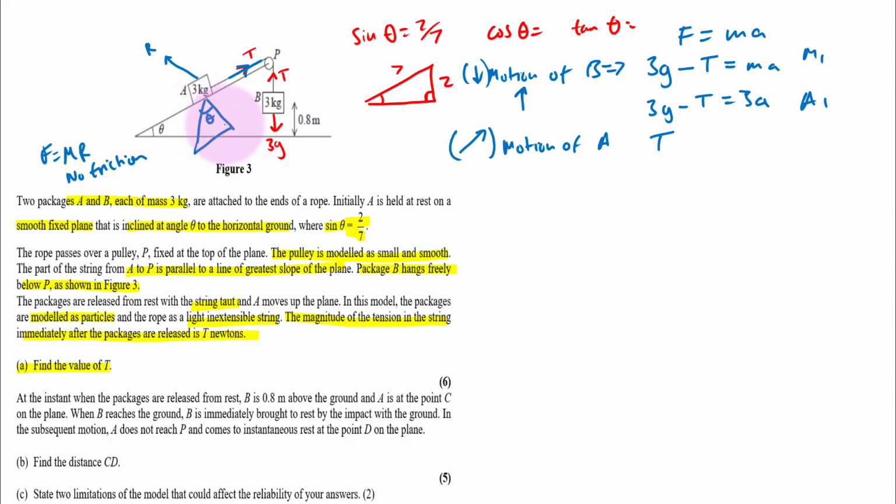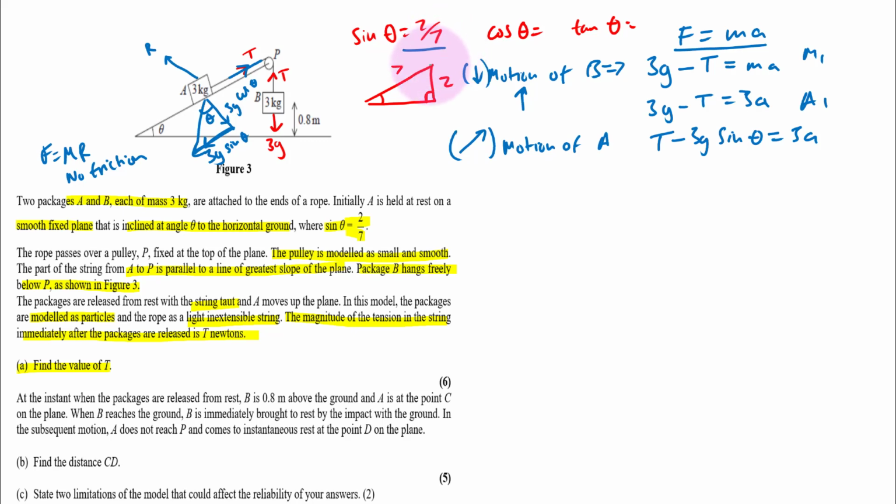So that's your theta, and so we know this is 3G and it's going to go this way naturally, 3G sine theta, and that is 3G cos theta. We can do that. So that means that motion of A, that's positive, we have this 3G sine theta going this way. That's T minus 3G sine theta equals 3A, because that again is our force equals mass times acceleration.